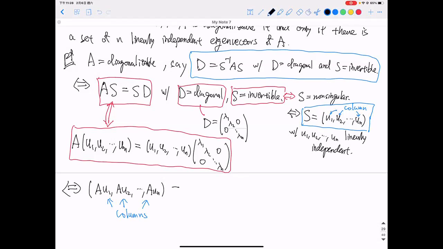On the other side, if you work out how the matrix multiplication works, you see that the matrix with columns u1 through un times this diagonal matrix D is just the matrix given by multiplying the column u1 by lambda 1, column u2 by lambda 2, and so on, like that. And still, u1 through un are linearly independent.